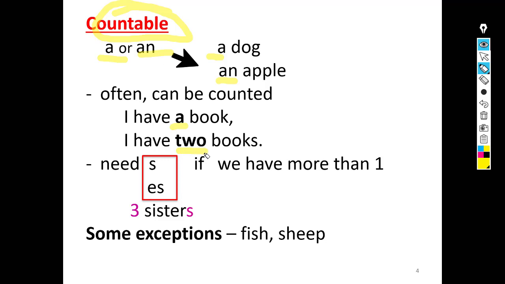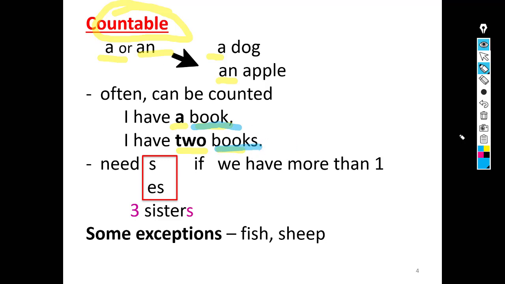So you can count books, and it is a countable noun. Yes, book. Okay, I'm going to change the color. This is our noun, and we can count our noun. And if we have got only one book, we can say a book.